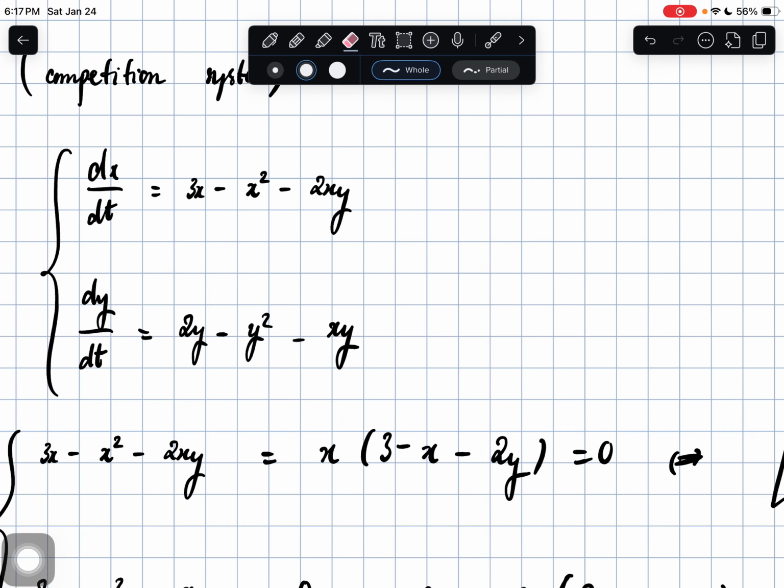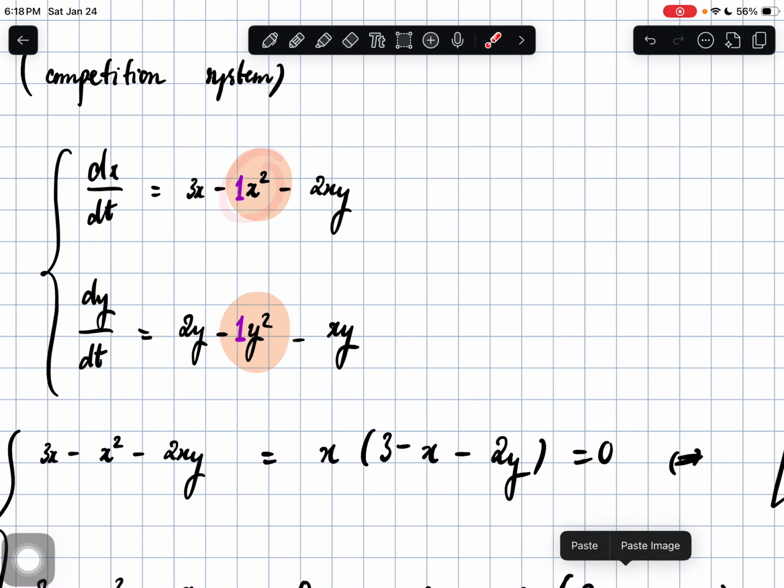So I have a note here. For the x squared and y squared terms, the coefficients here are 1 and 1. That represents how each of them interacts with itself, x with itself and y with itself. We call that inhibition.